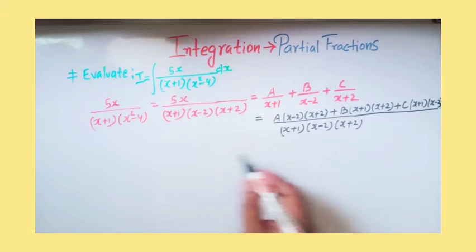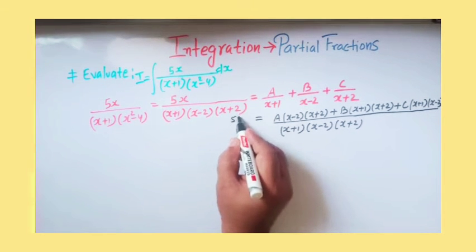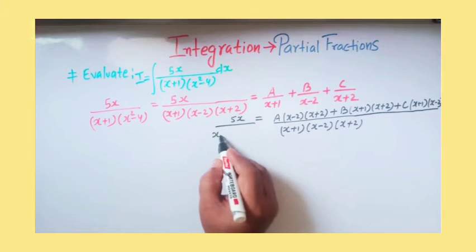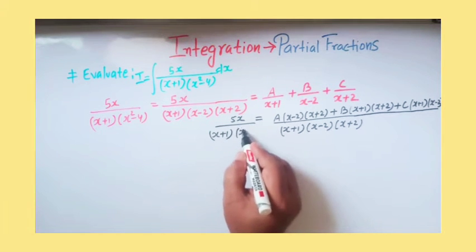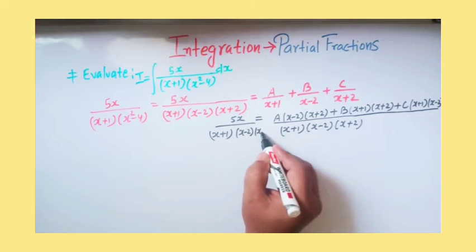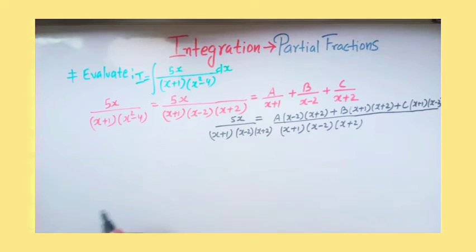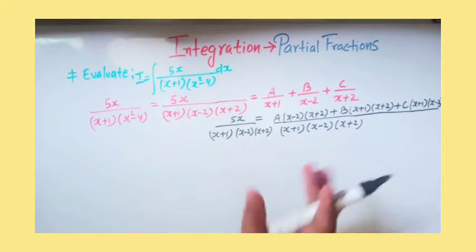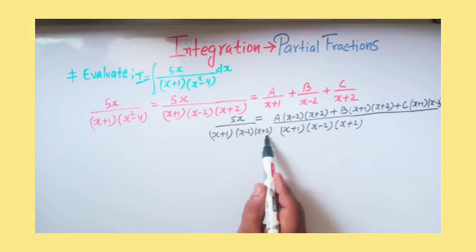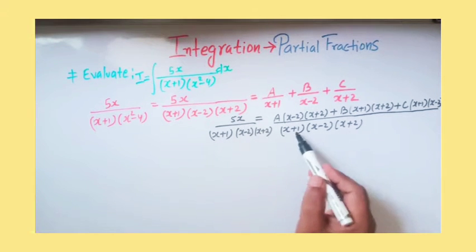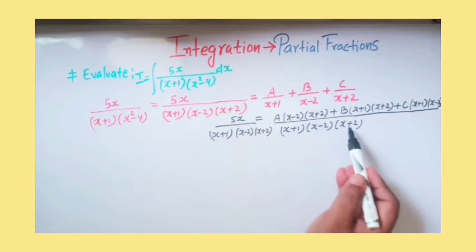Clear? Now this is 5x divided by (x plus 1)(x minus 2)(x plus 2). Clear? Now if we compare both these sides, here we have x plus 1, x minus 2, x plus 2. Here also we have x plus 1, x minus 2, x plus 2.